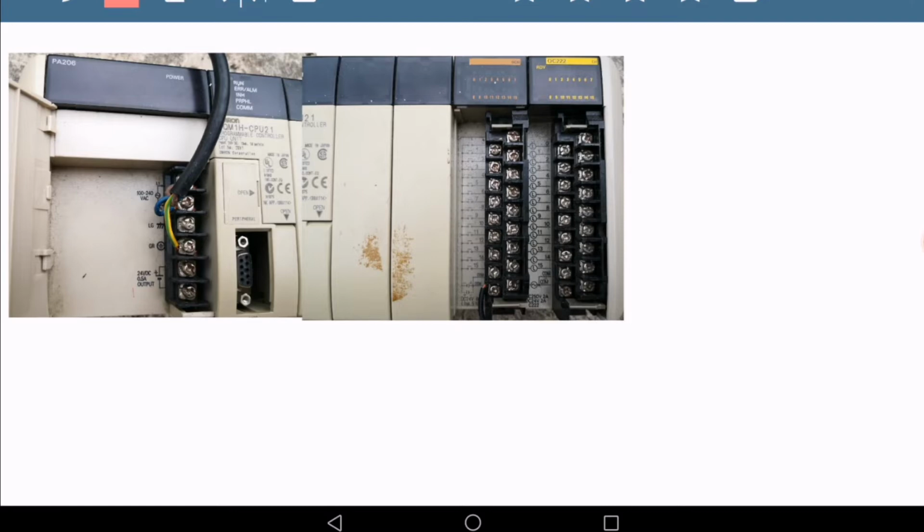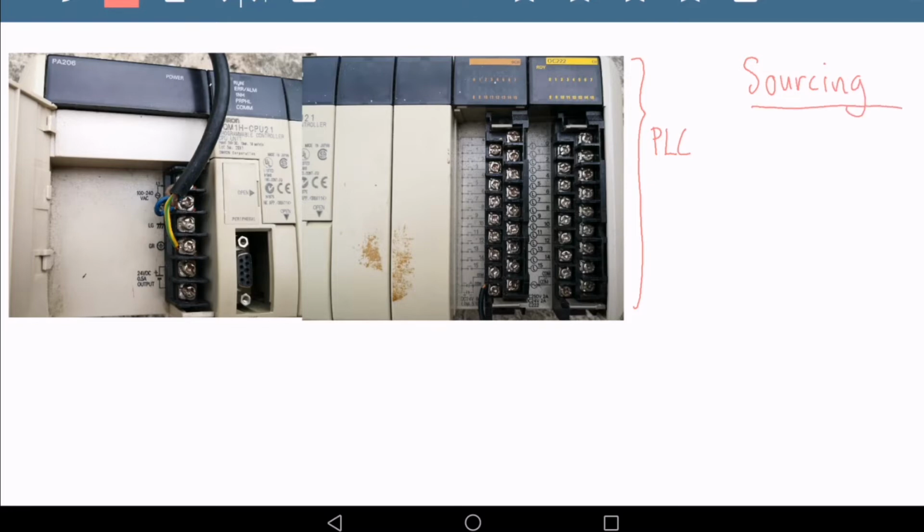Now we will look at your PLC, and what is syncing or sourcing. We do sourcing first. Sourcing.